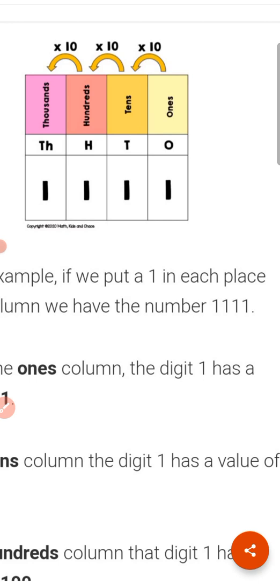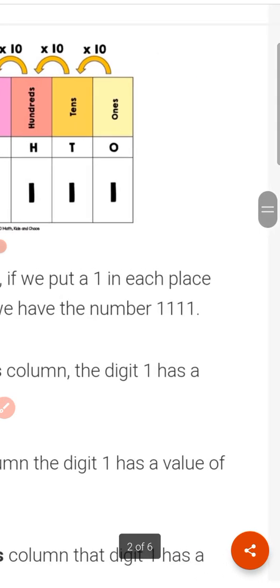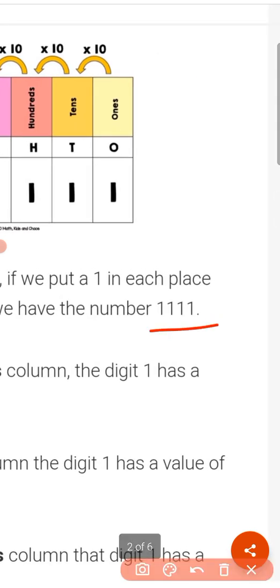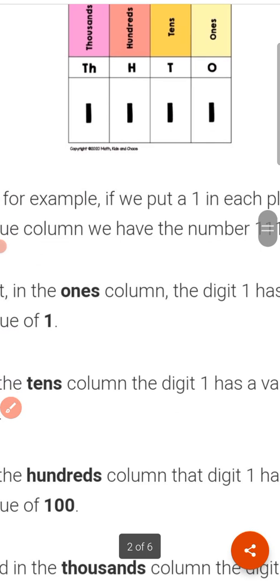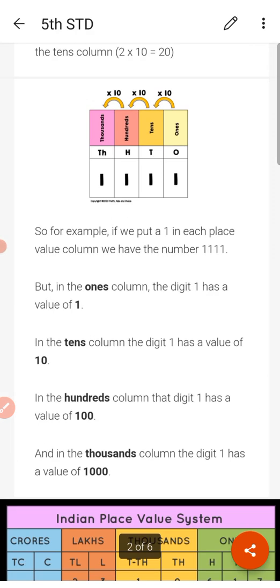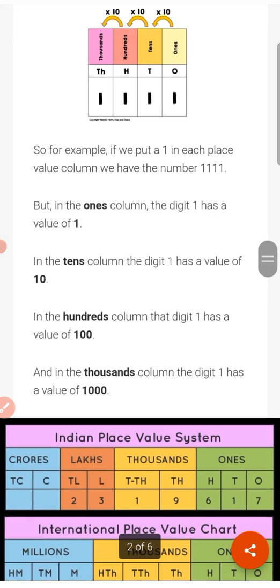So we have the number 1111. Now we will find the place value of each digit.